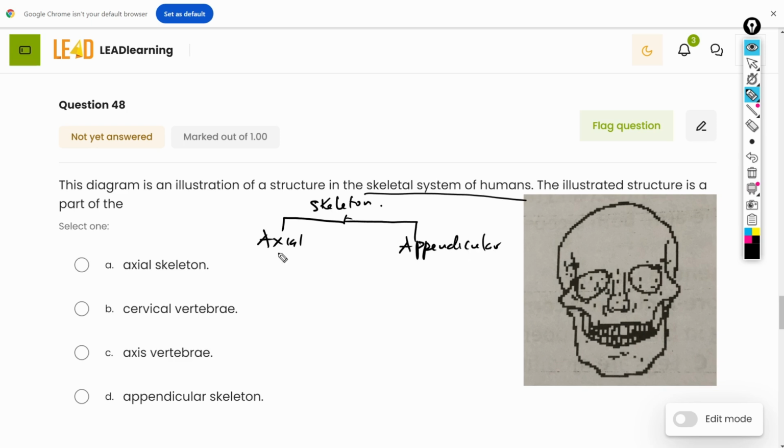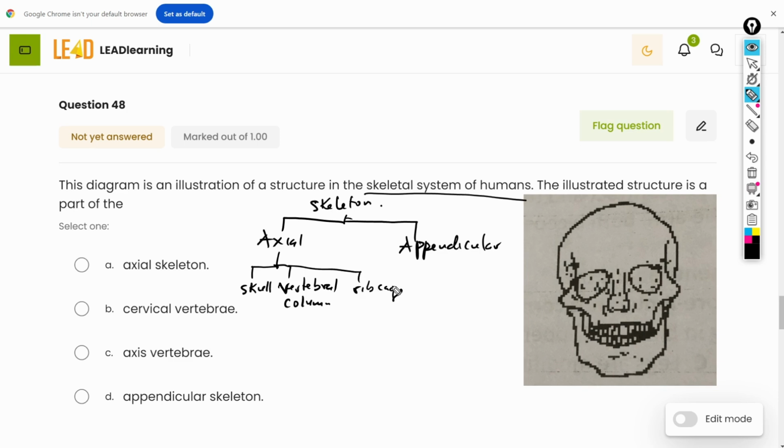Now, the axial skeleton forms the central column of bones and consists of the skull, the vertebral column, that is the backbone, and then the ribs, or if you like, the rib cage, and the sternum, that is the breastbone.